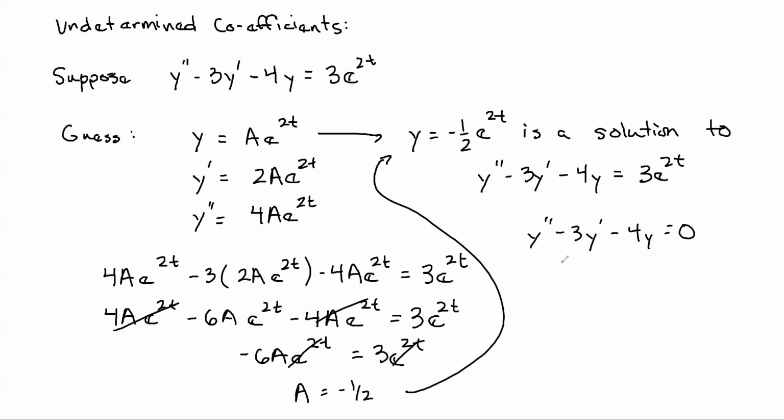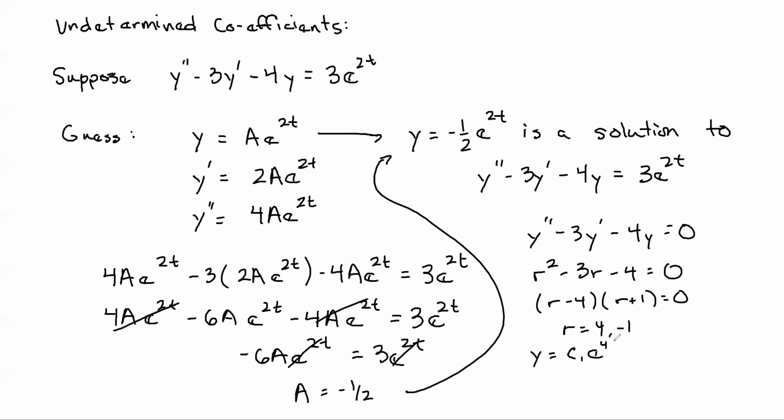To solve this, we could go through and use the characteristic equation. And then if you factor this, you'll get r minus 4, r plus 1. So we'll get r equals 4 and negative 1. And thus, the solutions to the homogeneous are going to be of the form c1 e to the 4t plus c2 e to the negative t.